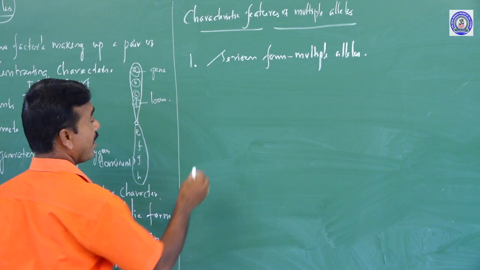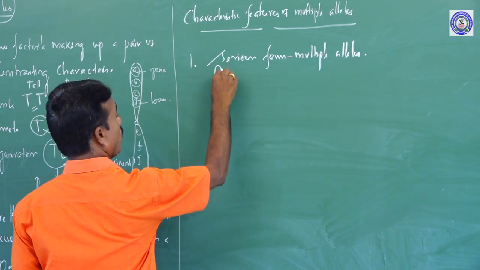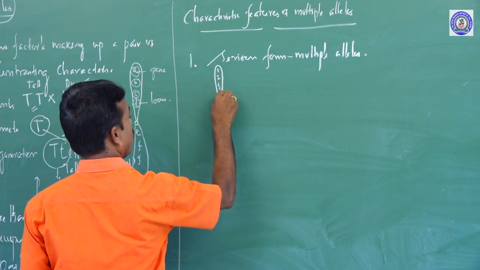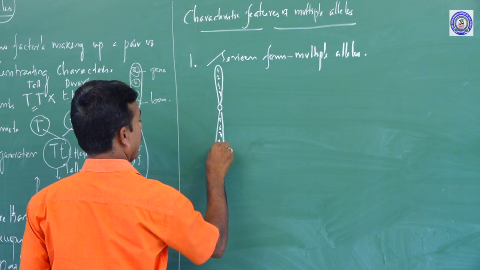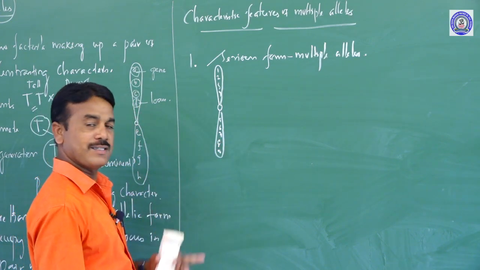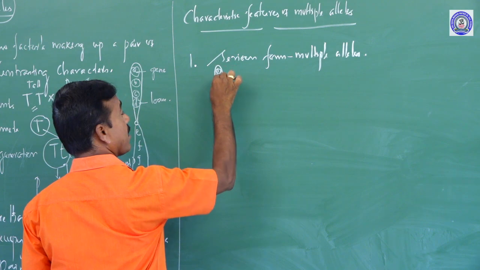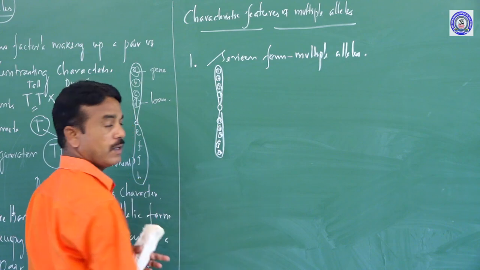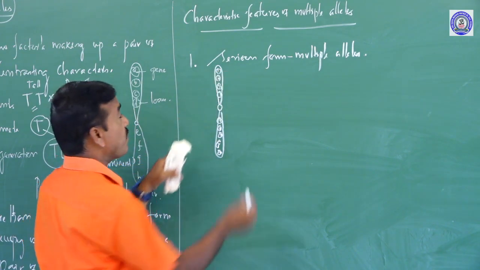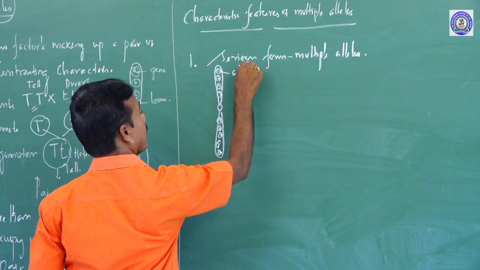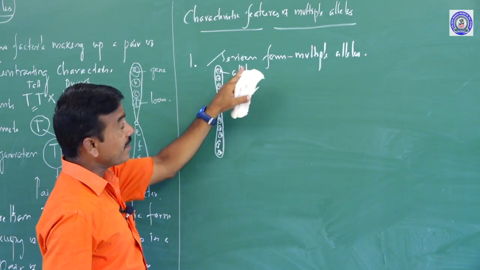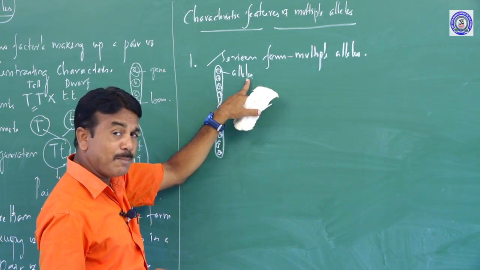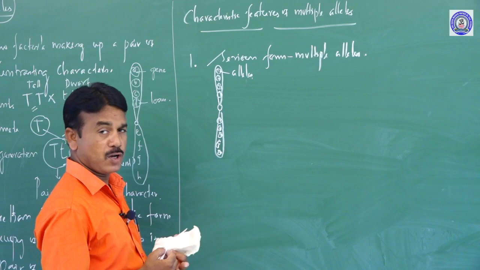For example, this is a chromosome: 1, 2, 3, 4, 5, 6, 7, 8, 9. This is a series, and each one is considered one gene. Each gene contains many kinds of alleles, and that series of multiple alleles occurs on the same locus in a pair of homologous chromosomes.